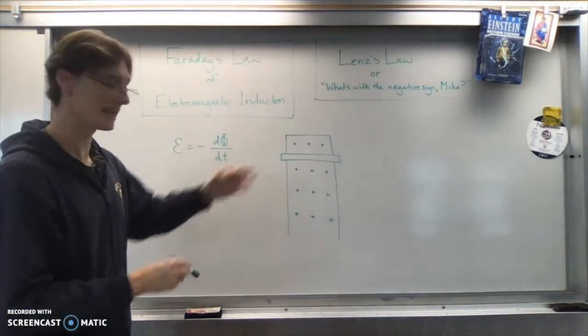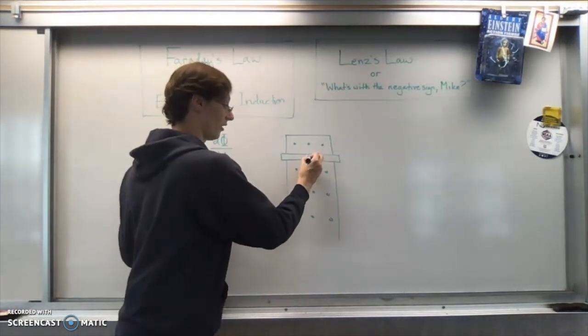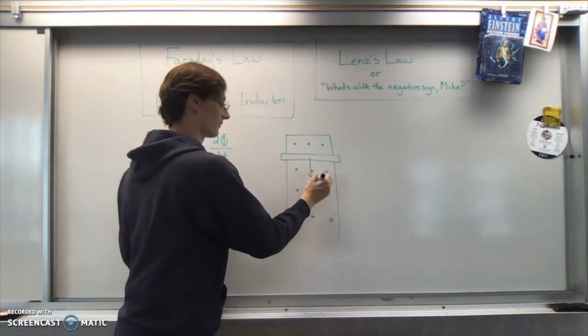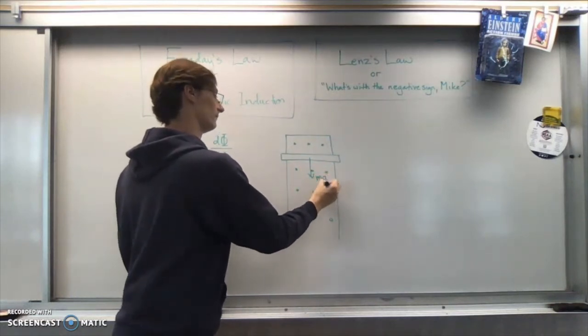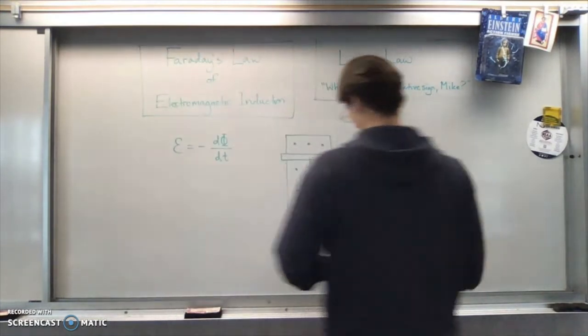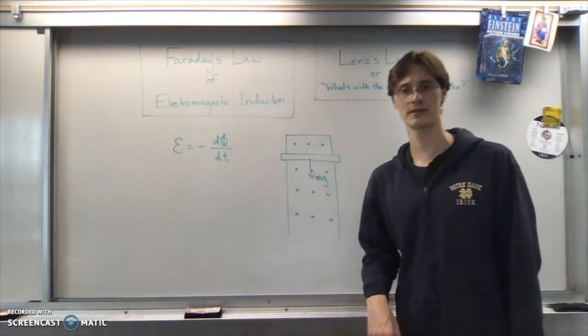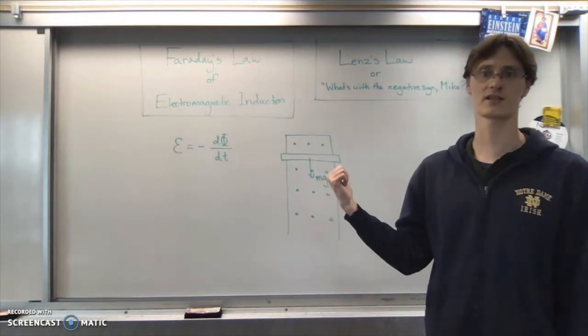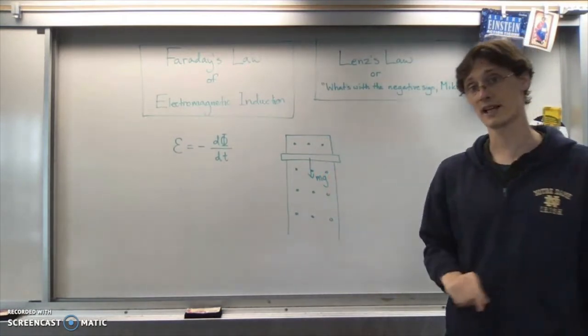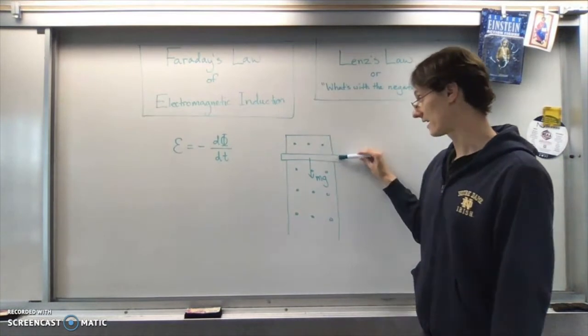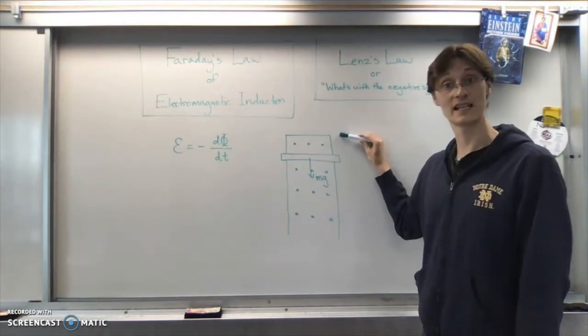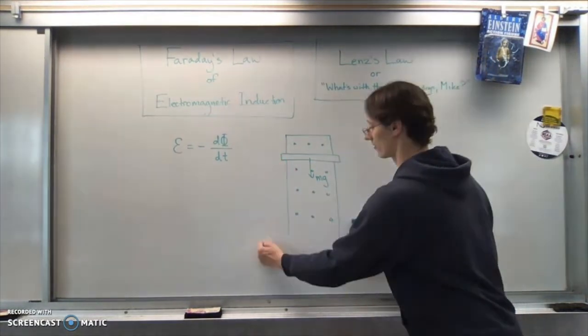All right, so as this bar falls, which it will because gravity will pull it down, the flux is increasing. Why is the flux increasing, Mr. Errico? The magnetic field's not changed. We covered that in the last video, if you recall. The area is increasing as this thing falls, right?